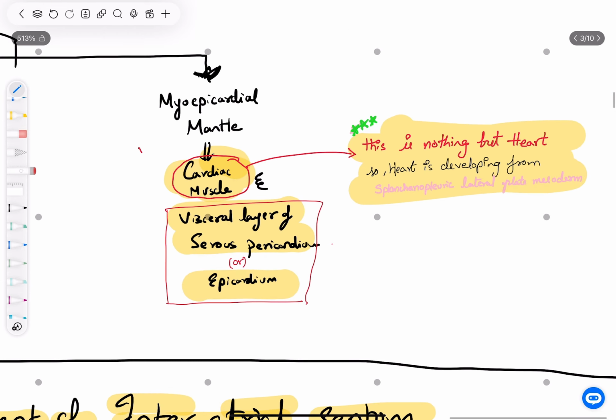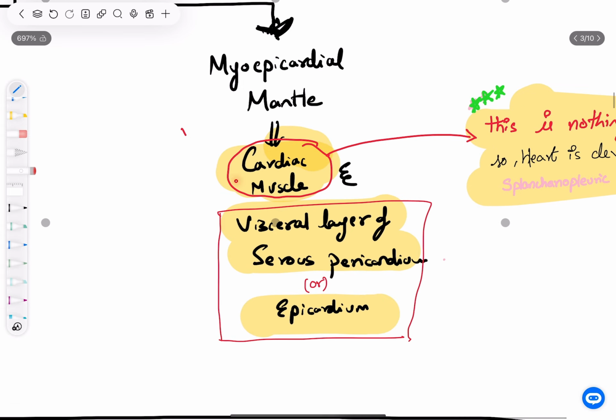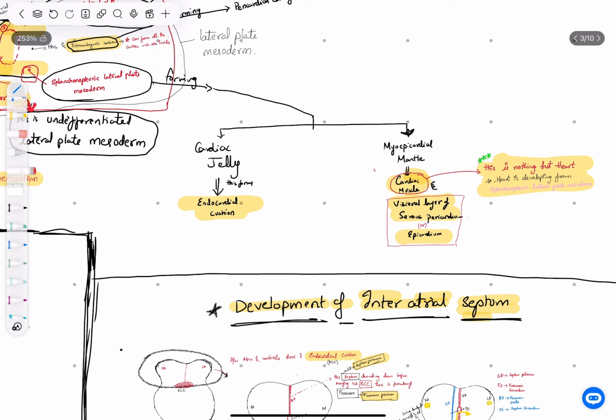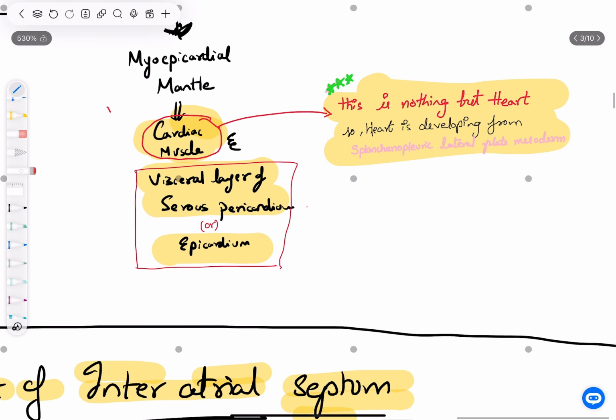The splanchnopleuric lateral plate mesoderm also forms cardiac jelly and the myoepicardial mantle, and the myoepicardial mantle forms cardiac muscle and the visceral layer of serous pericardium. This cardiac muscle is nothing but the heart. So the heart develops from splanchnopleuric lateral plate mesoderm.